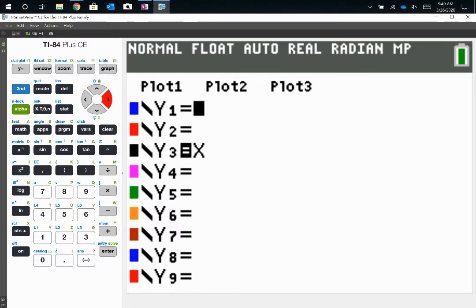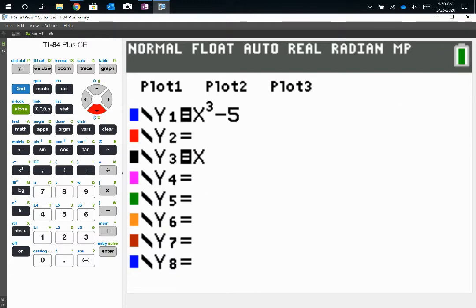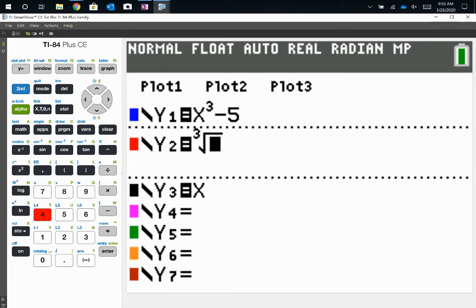And we're going to go ahead and type in x cubed minus 5, and the cube root, so math cube root of x plus 5.